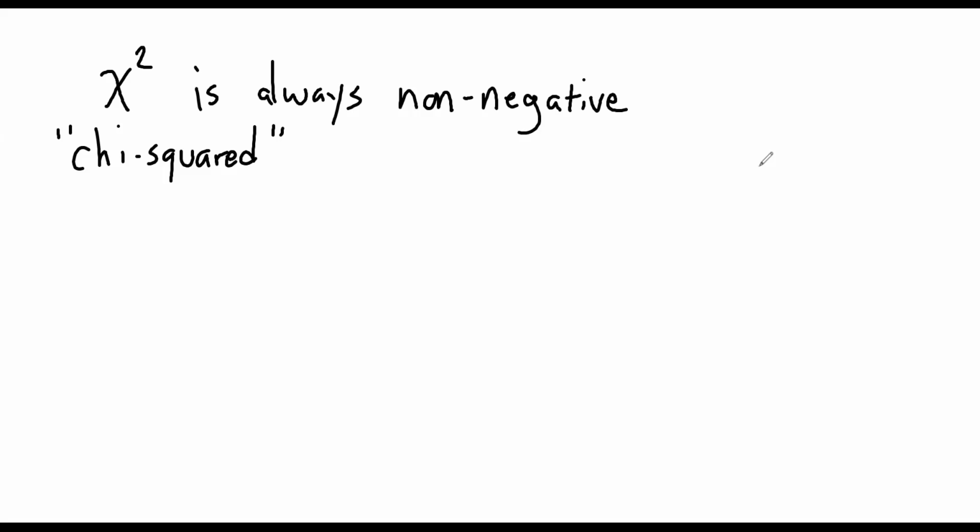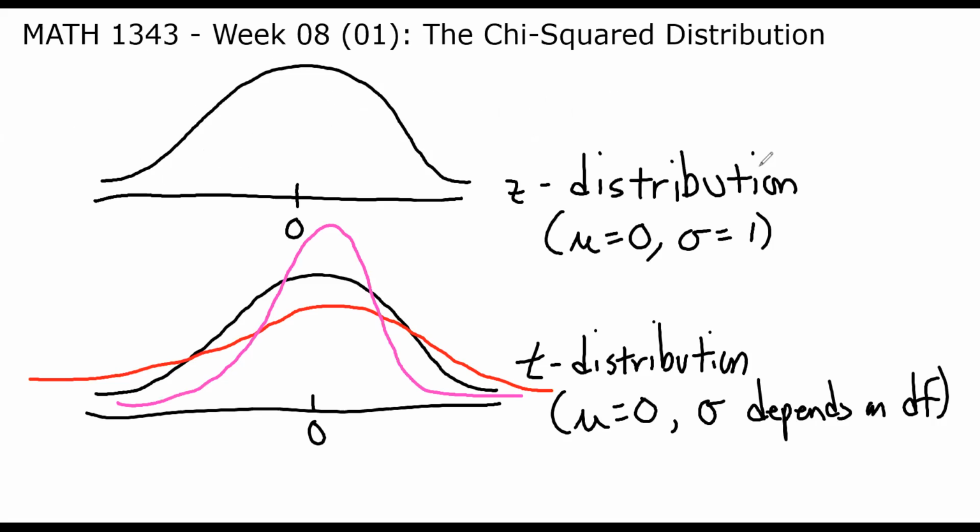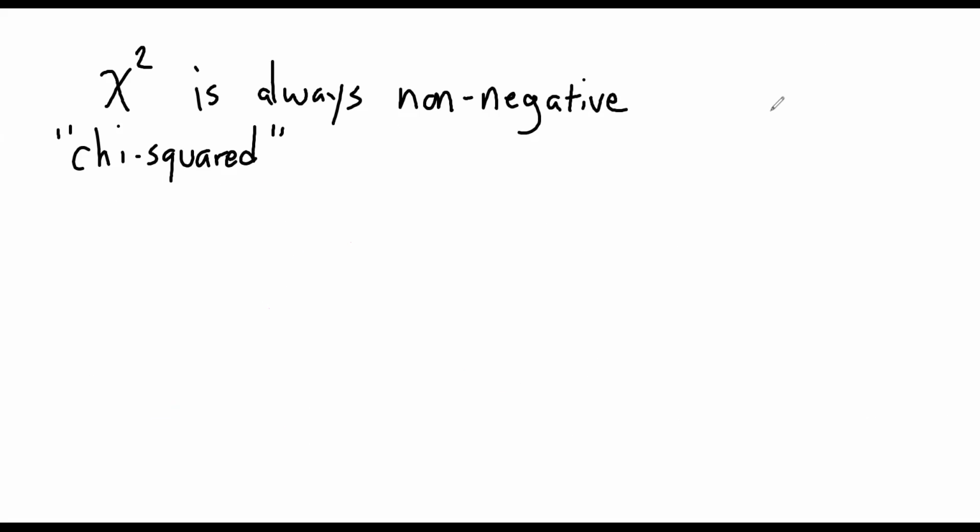So non-negative is a little bit more broad a description than positive, because it does include the possibility of being equal to 0. So since our chi-squared is always non-negative, we really can't have a picture like these two, because to the left of 0 on both of these are some negative numbers, and we're not going to have any of those.